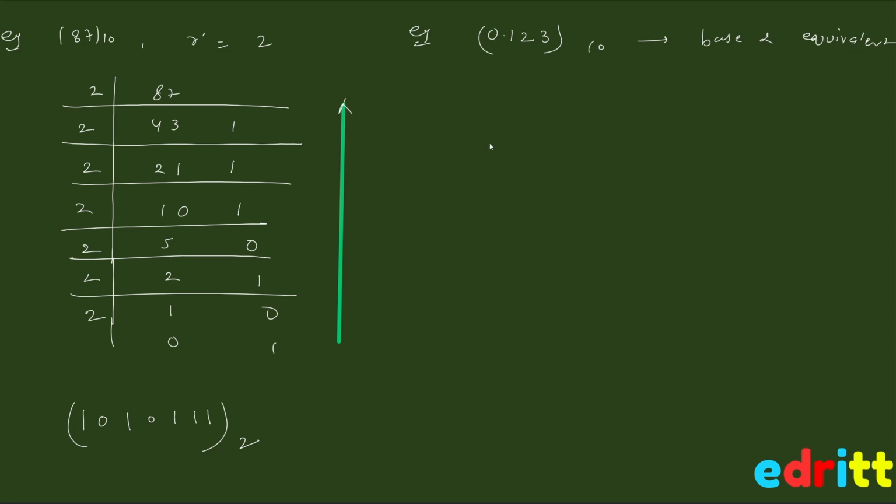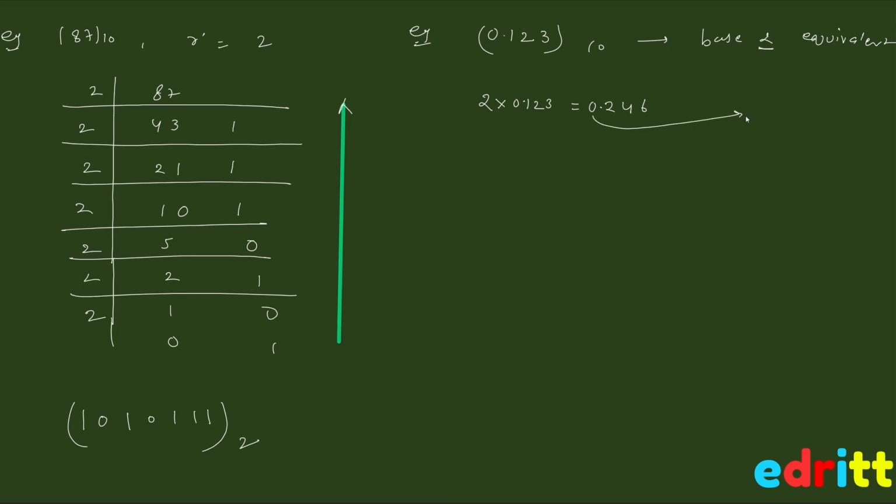So the approach here is opposite to what we were doing here. Here we were doing division. Here we have to do successive multiplication. What do I mean by successive multiplication? You have to multiply this number with the new base. So 2 into 0.123, the value over here will be 0.246.